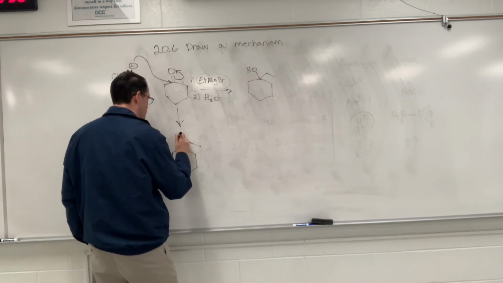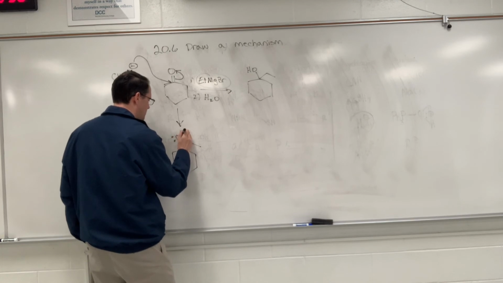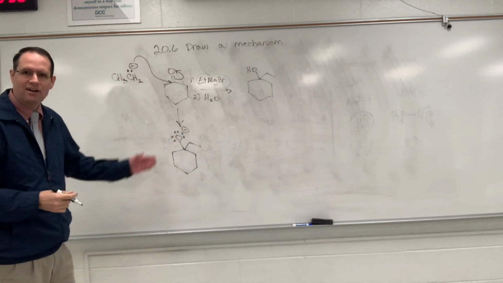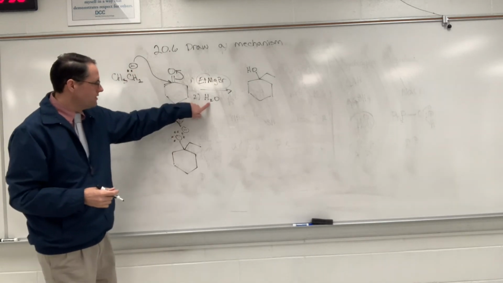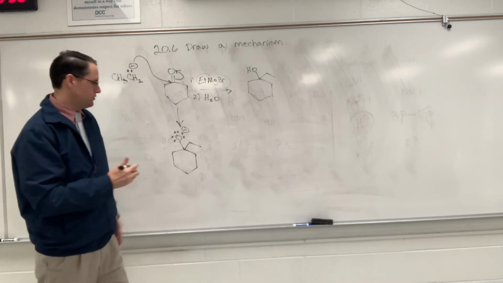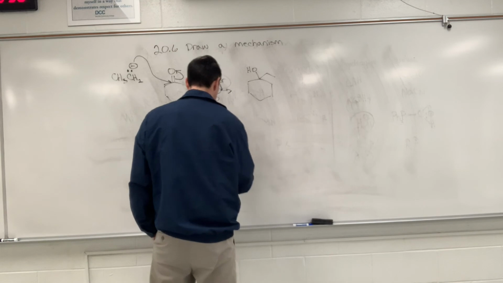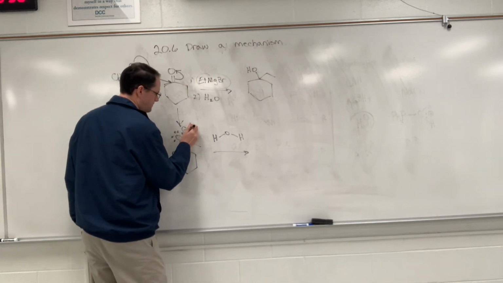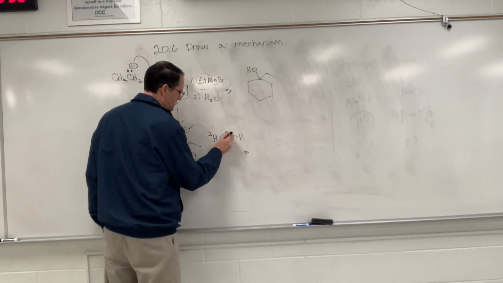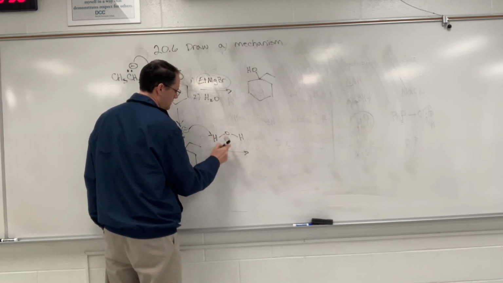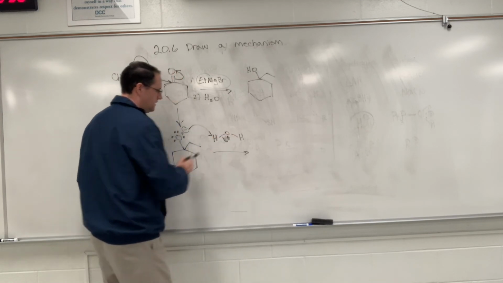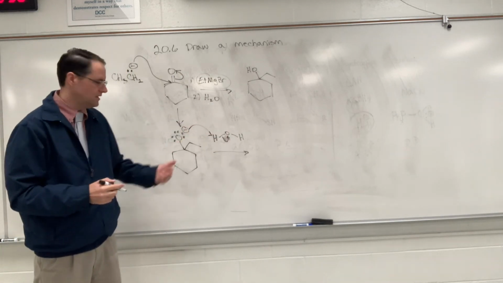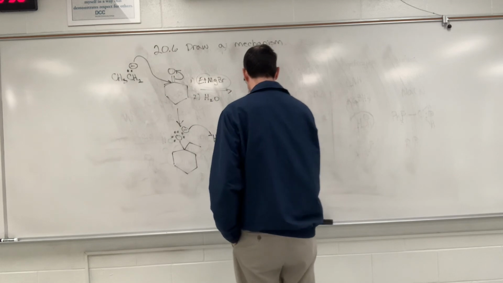So that's the critical carbon-carbon bond forming step. Now that we have the alkoxide, that's going to react with water to give us the neutral alcohol. So we draw the arrow pointing to the H and that bond breaking, and that gives us the target molecule.